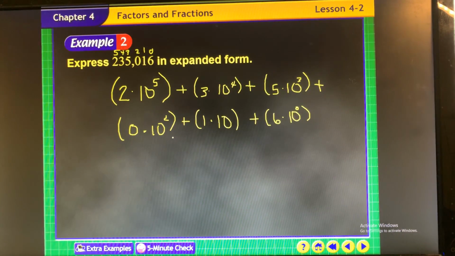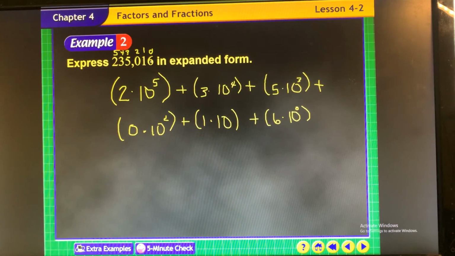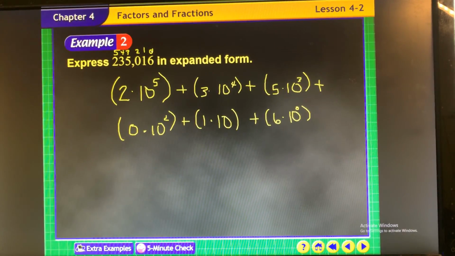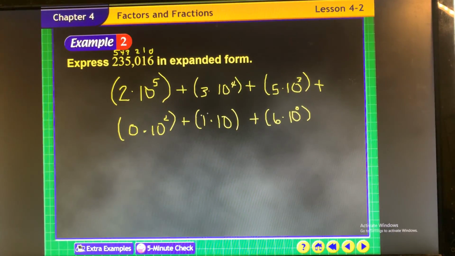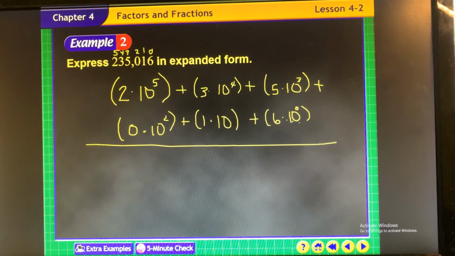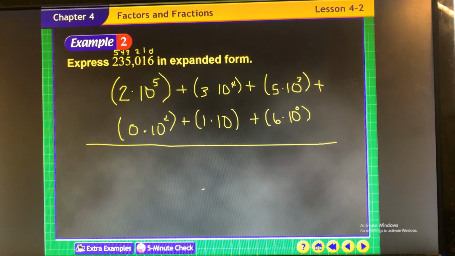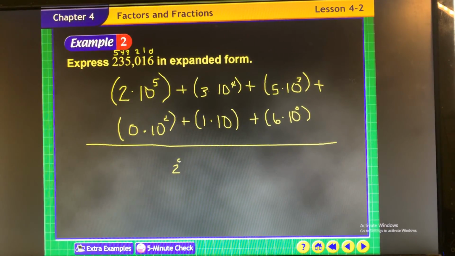I didn't have to do all that other work if I can remember. Start from the ones place and go 0, 1, 2, 3, 4, 5. Those are the exponents that go with the 10. Also, let's just make sure when you're doing exponents, you do understand anything to the 0 power is 1, right? So if I had 2 to the 0, 2 to the 1st, 2 squared, 2 cubed, like that.